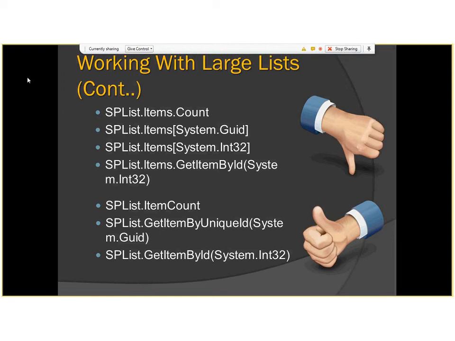I can provide the GUID of that particular item, and I can even get the item by ID, which is again the difference between the items and the item collection you are getting by using the method GetItemByUniqueId or GetItemById.